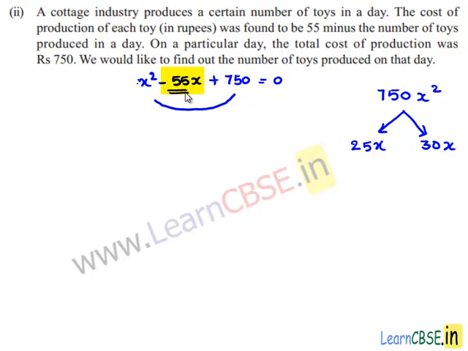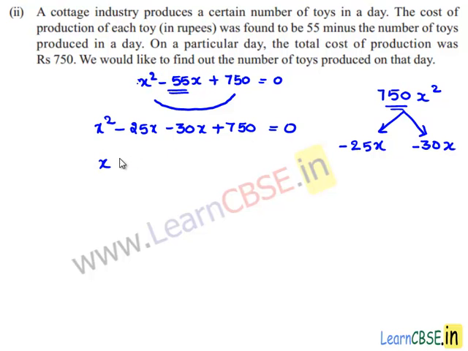Here we have minus 55x, so if we put a minus sign, we get the sum as minus 55x and the product as 750x square. So minus 25x and minus 30x satisfy both the conditions. So we can replace minus 55x with minus 25x and minus 30x, plus 750 is equal to 0.